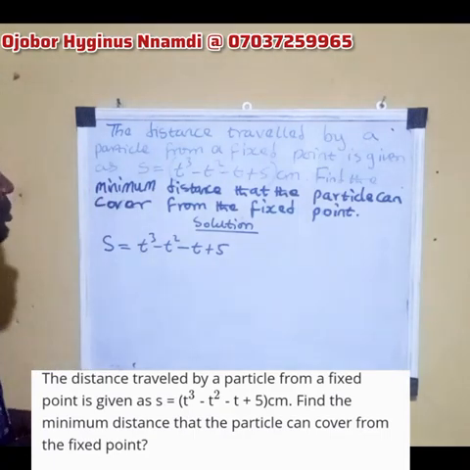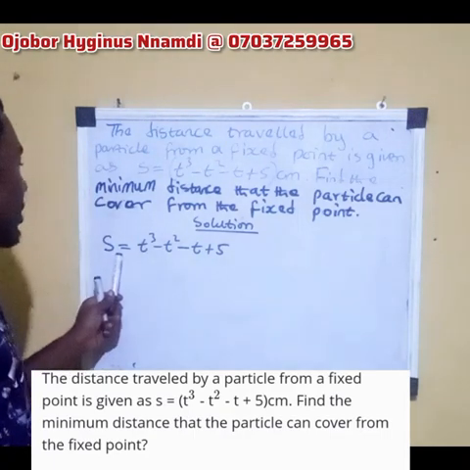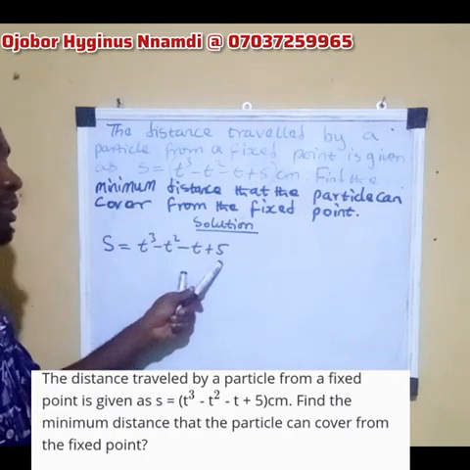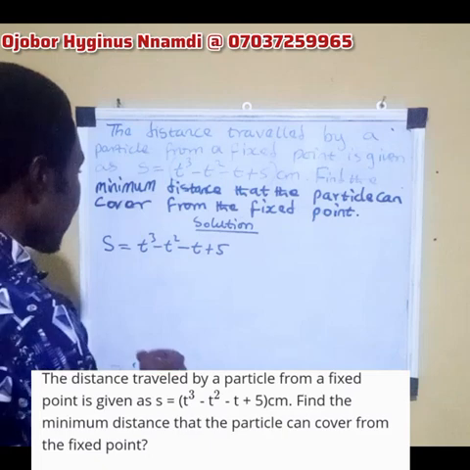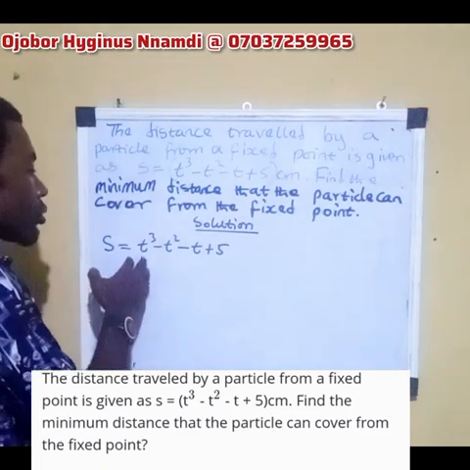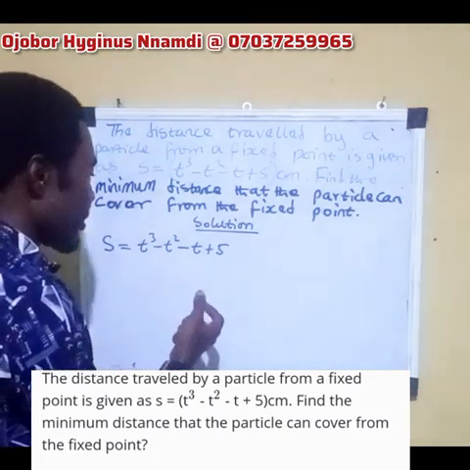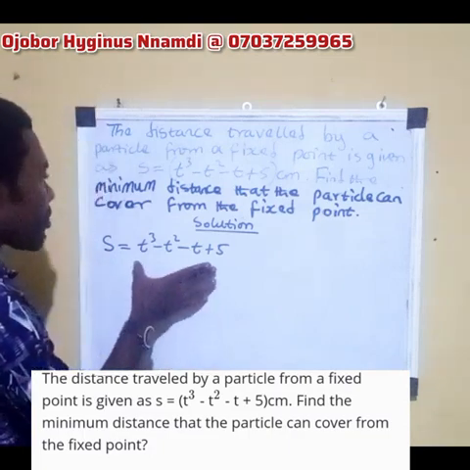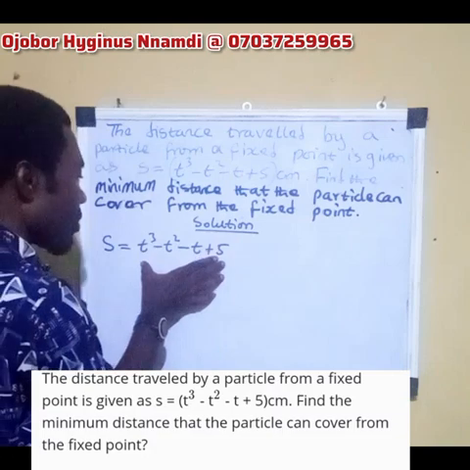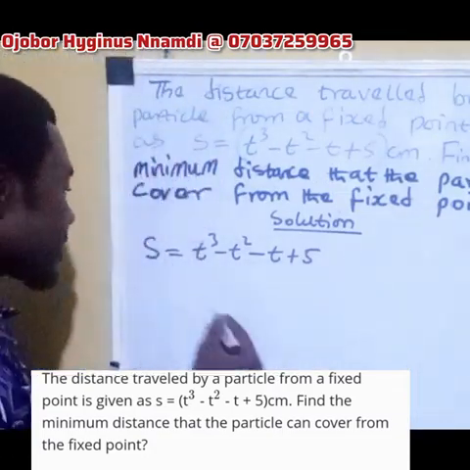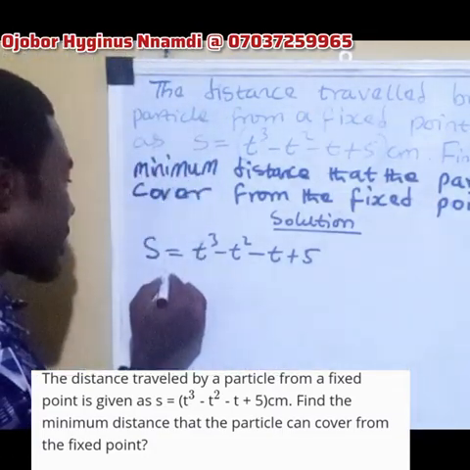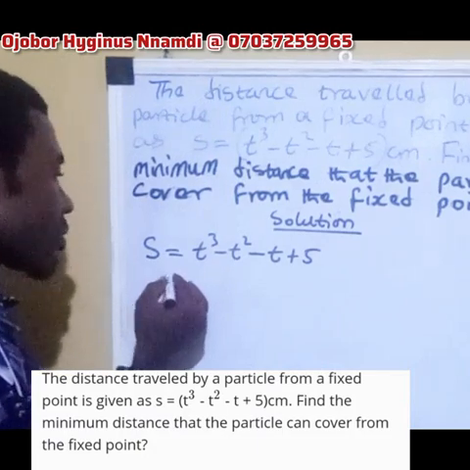Now, if you look at this equation representing distance, it is going to give us a curve if plotted on a graph, and the minimum distance of this curve is the distance at which the rate of change in distance is equal to 0.